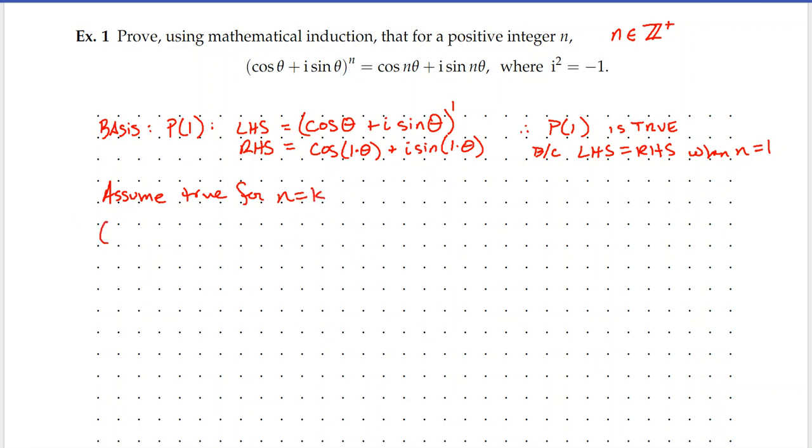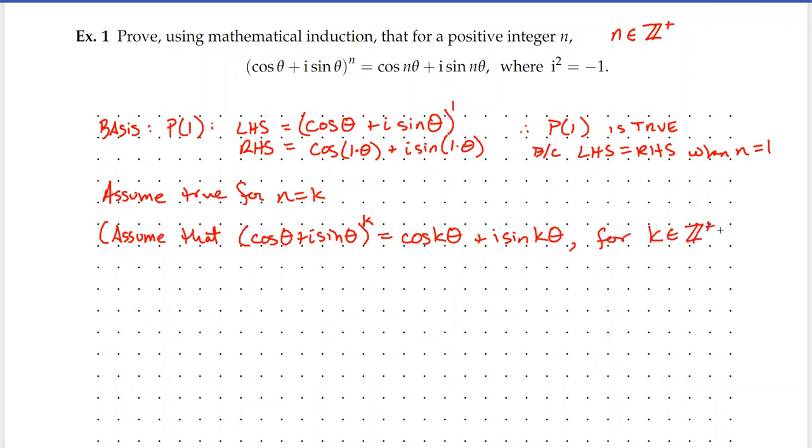In other words, we're going to assume that the cosine of theta plus i sine of theta to the nth power, or in this case the kth power, because n is going to be k, will be equal to the cosine of k theta plus i sine of k theta, for k being some positive integer.